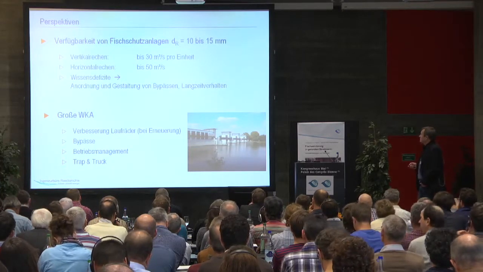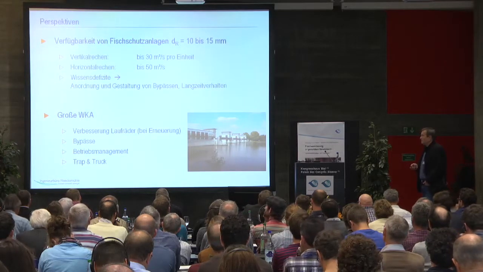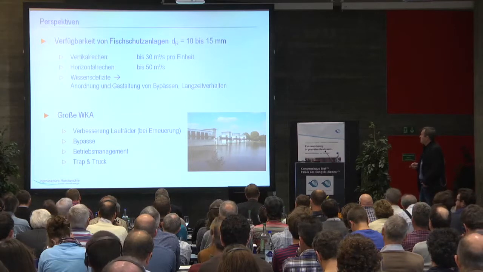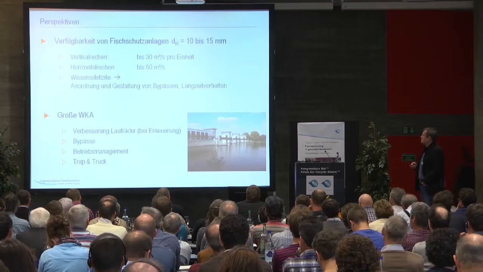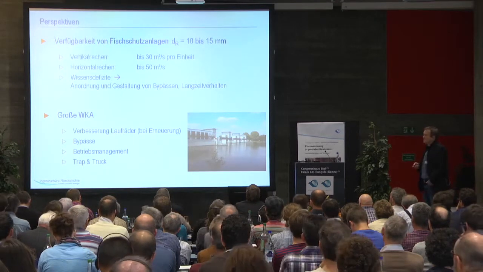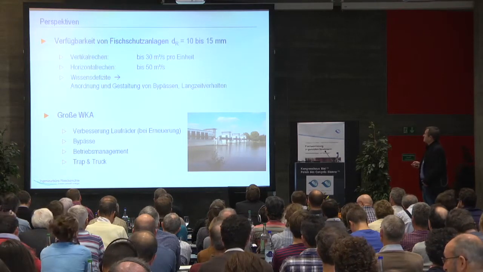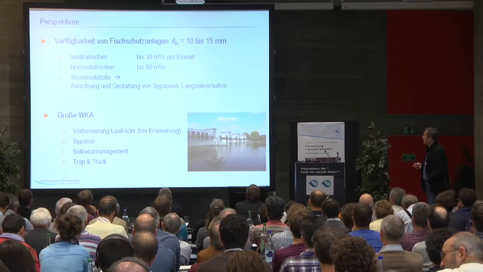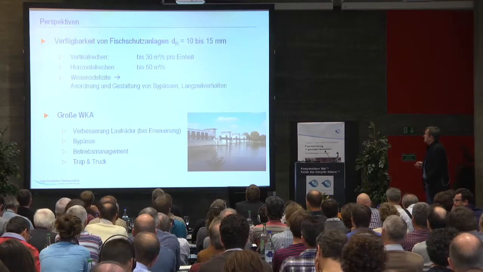And this brings me to the outlook. I can only point out again what we heard in the first presentation. The technology I presented here, and which we mainly use, is used for smaller hydroelectric power stations, and we think it can be used up to 30 cubic meters per second per unit for the vertical screen.